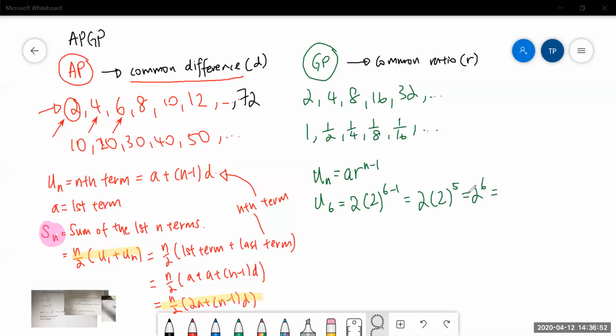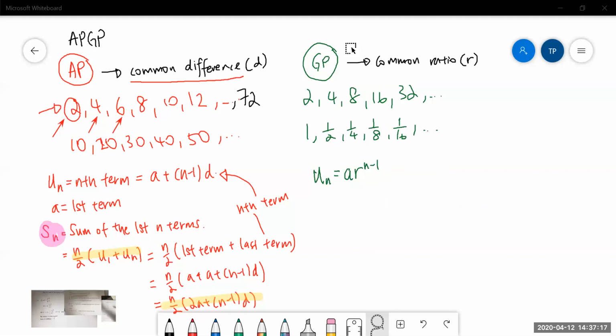And what is 2 to the power of 6? If you use the calculator, it is 64. Which is what you predicted earlier, right? So that's for Un, to find the nth term.